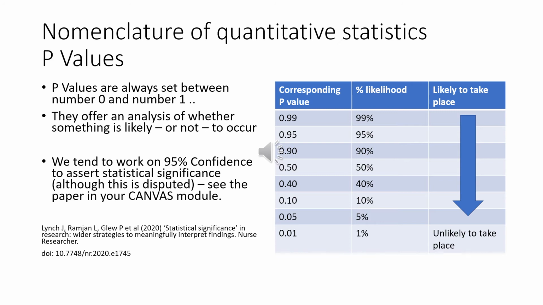If you're trying to test, through quantitative statistics, whether something is going to be affecting something else, you want that likelihood to be as low as possible. So p at 0.05 gives you that parameter in healthcare research and sciences.